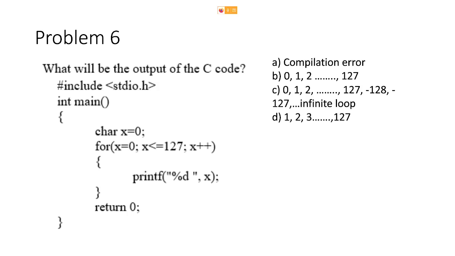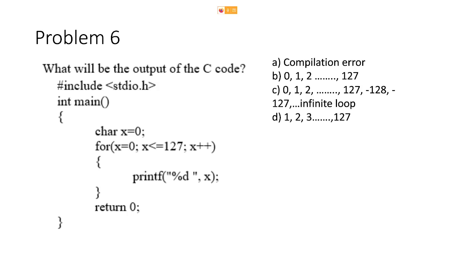So actually here a character is represented with 8 bits in binary, right? A character is 1 byte, that is 8 bits. Initially the value is 0, which means all of the bits are 0. Then when you add 1 to it, the character will become 1.